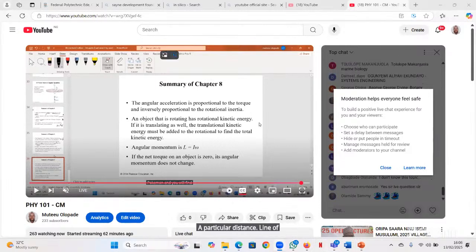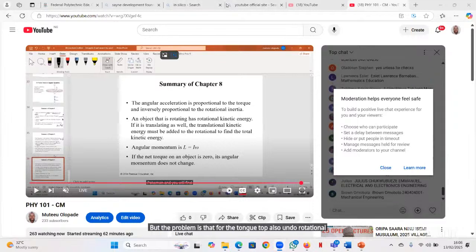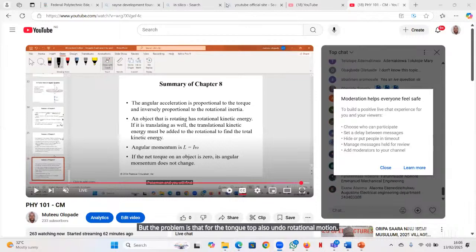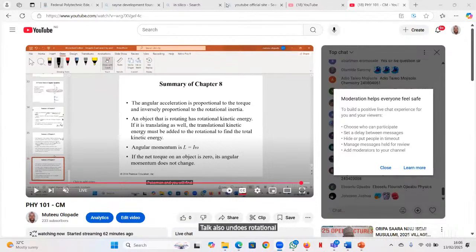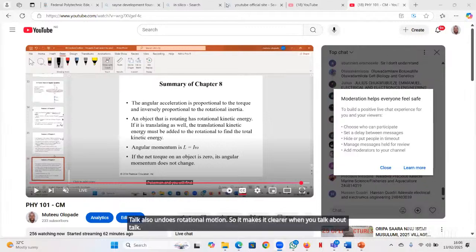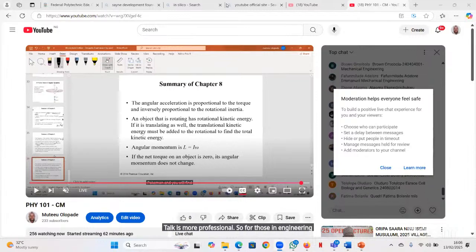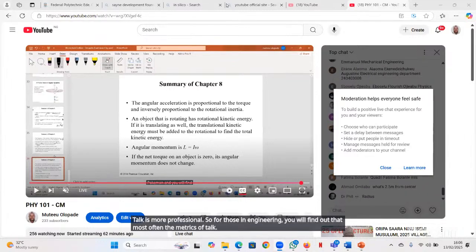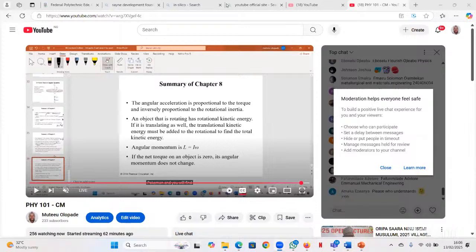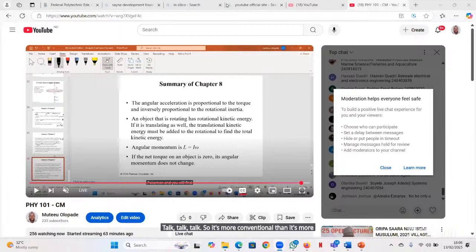But torque also handles rotational motion, so it makes it clearer when you talk about torque. Torque is more professional. For those in engineering, you will find that most often they make use of torque. So it's more conventional than talking about moment of a force.